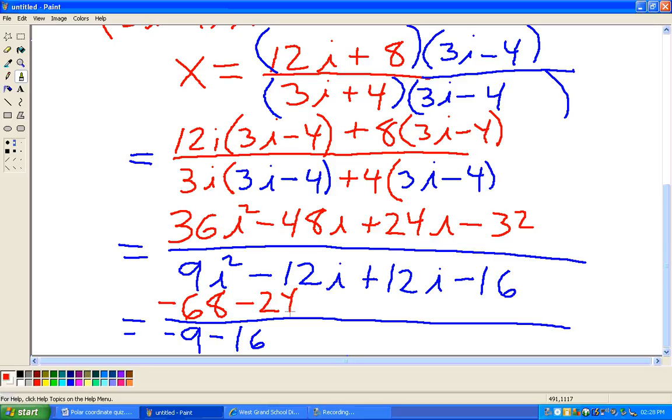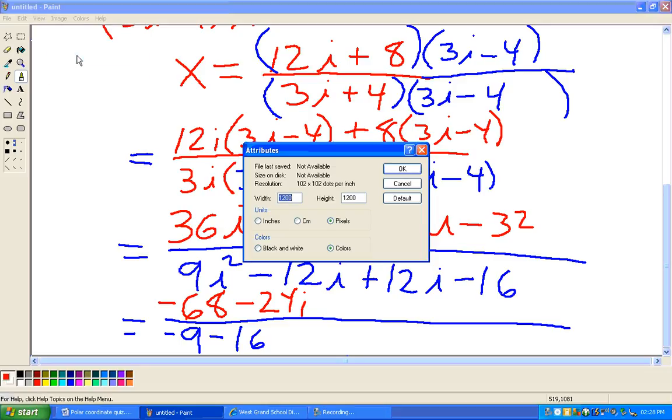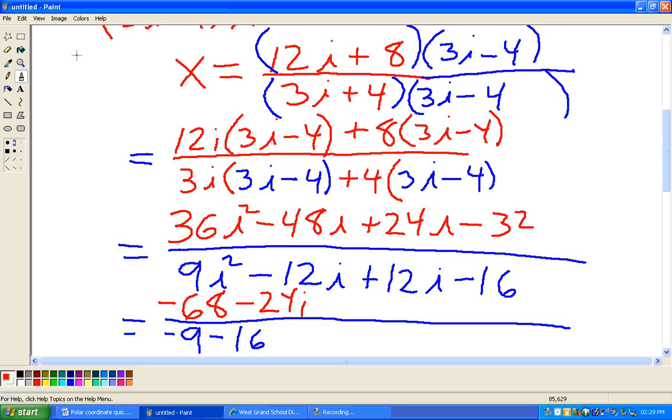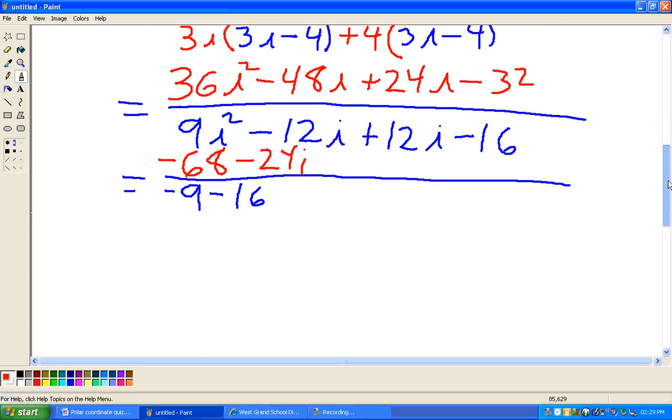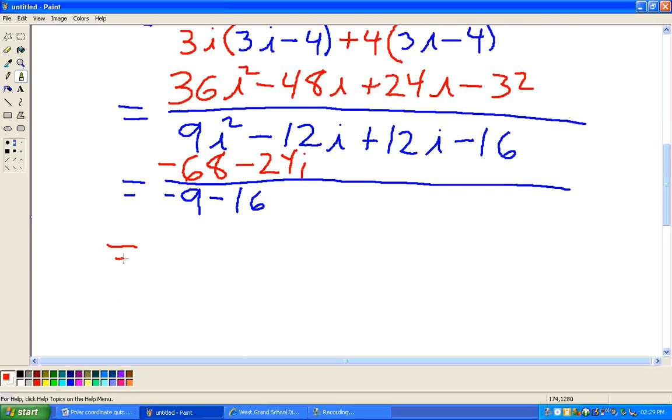Sorry, Eric. Okay, I forgive you. Now, I love the fact that I can just come up here and change how much space I need. I ran out of room at the bottom of the page, so I just need to add more space.